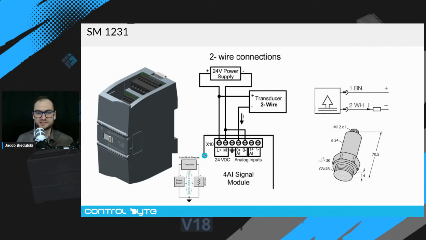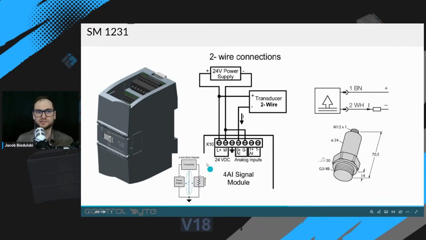Okay, the last important topic about the two-wire connection is the circuit. Here you can see a really small circuit of this two-wire connection, and I don't know if I can enlarge this.